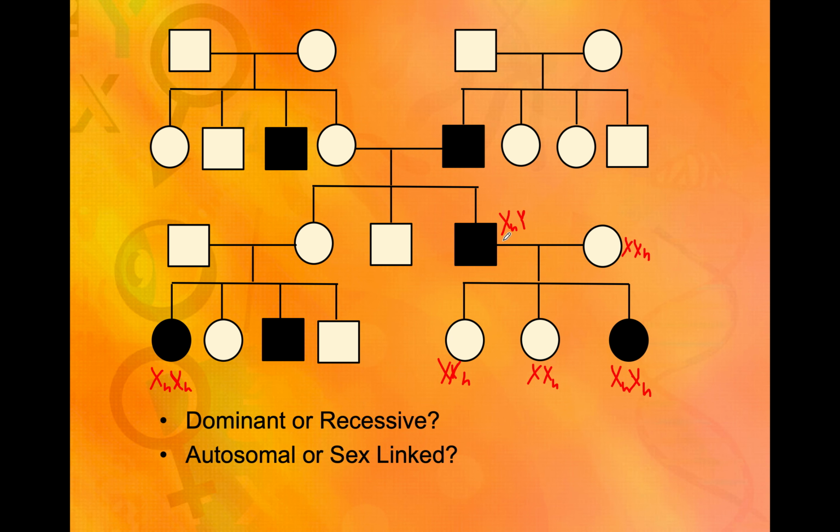And so if this X and this X were combined, then we could indeed end up with this female right there. All right? The only way a female can get it, though, is if dad has it and mom is a carrier. Remember, dads cannot be carriers in sex-linked traits, which then brings us over to this side.